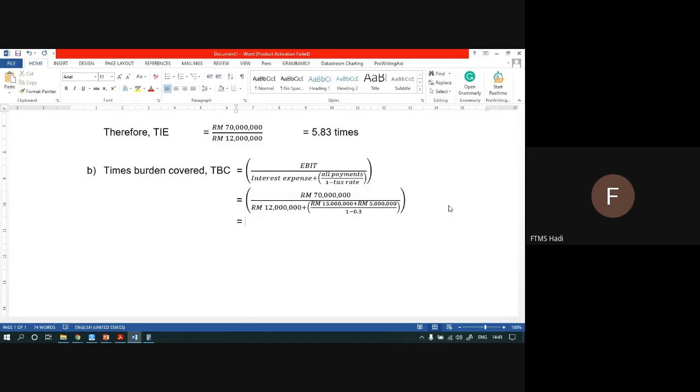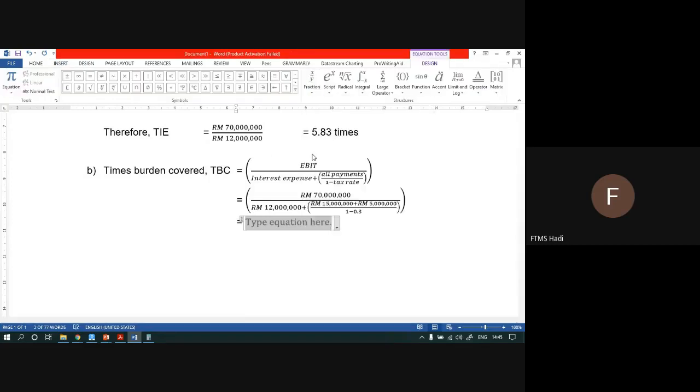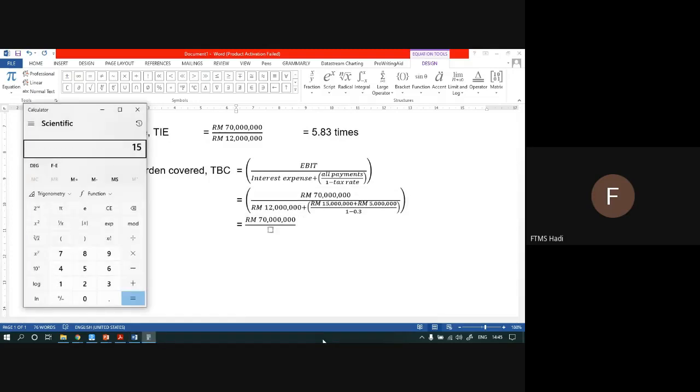So therefore, solve the bottom first. 70 million doesn't have any effect yet, so 70 million. How about down there? You need to solve this first. 15 million plus 5 million, which is 20 million, divided by 1 minus 0.3.